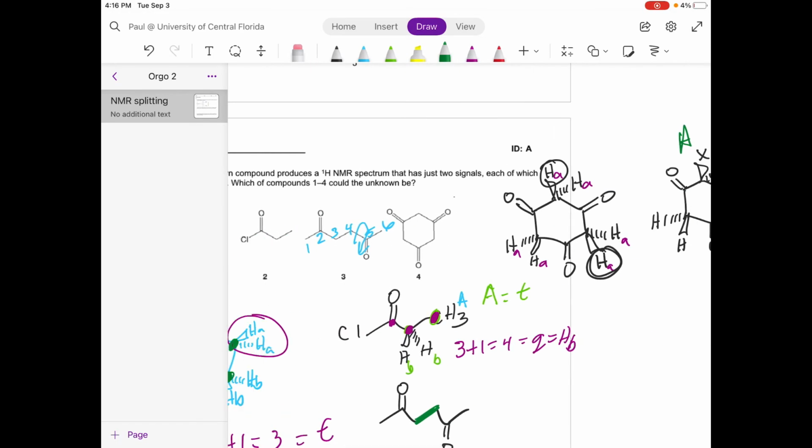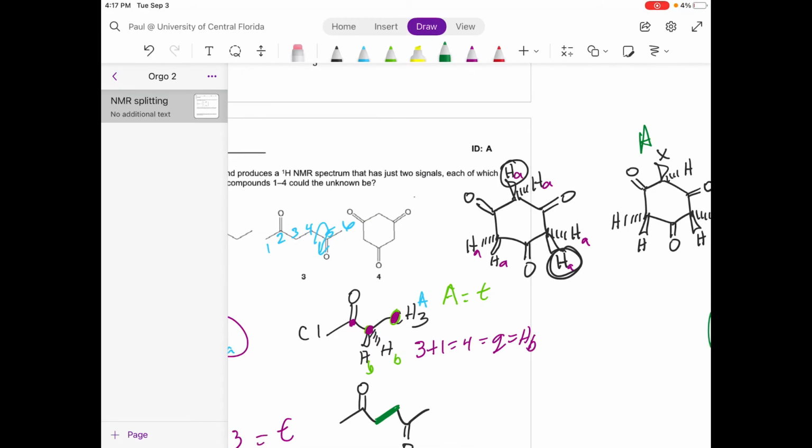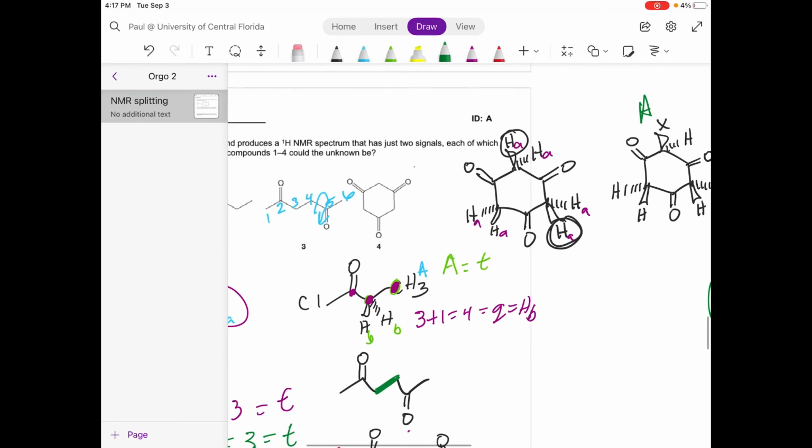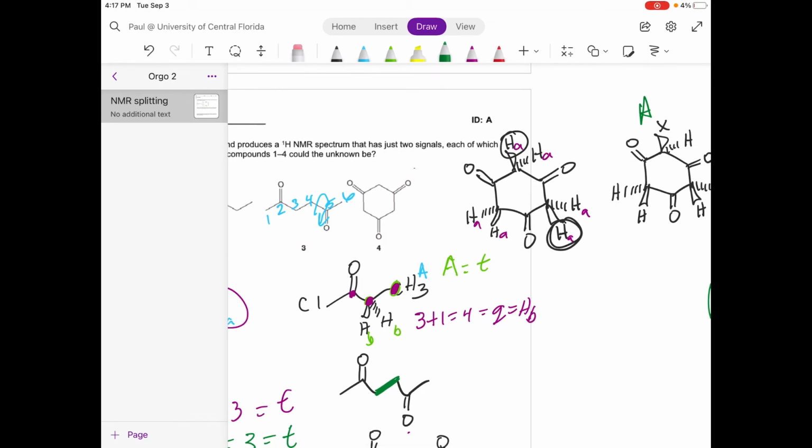So we only have one signal for molecule A. And what would the splitting pattern be for A? Well, since they're all equivalent, we just have to look at this one. There's the carbon that's attached to the two protons. What are the adjacent carbons? Right there and there. And they both have 0 hydrogens.